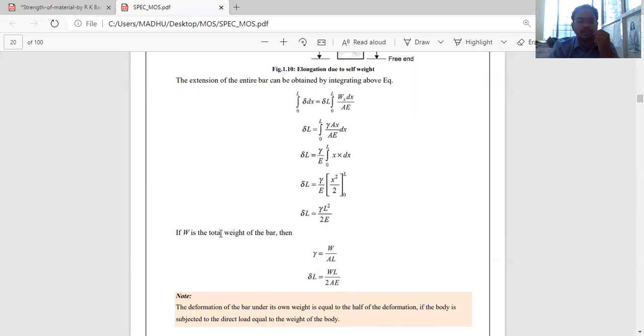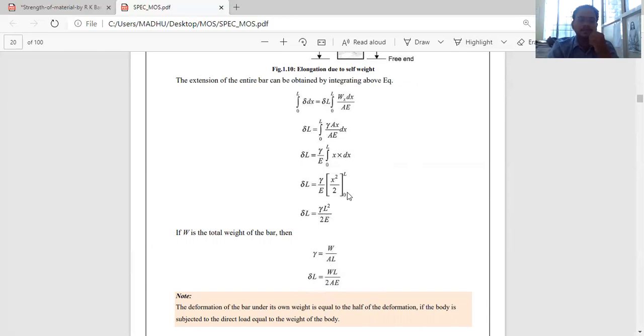If W is the total weight of the bar, Wx is the weight of the bar at that particular element, the elemental weight. But if W is the total weight, then delta L can be written as WL by 2AE. This is the basic and final formula, WL by 2AE, where gamma is given by W by AL.